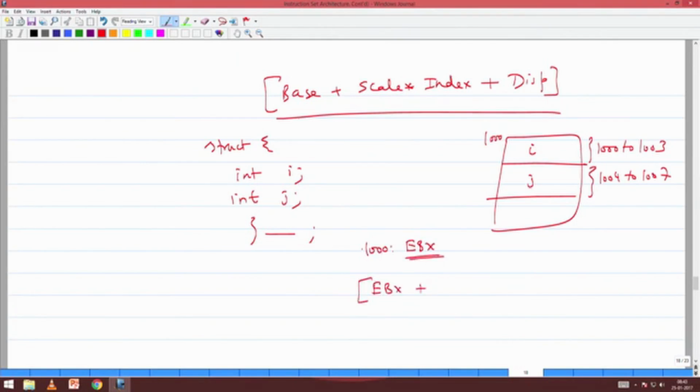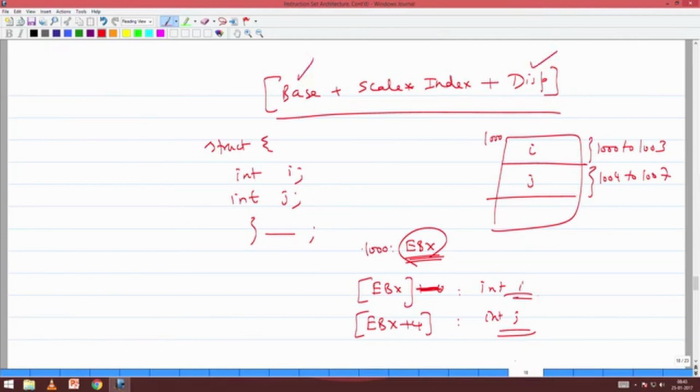Then I can say EBX plus, when I compile, I assume that the base of the structure will be loaded at EBX. So, I can now say EBX plus 0, just EBX would be I, and EBX plus 4 will be j. So, this gives us base plus displacement.